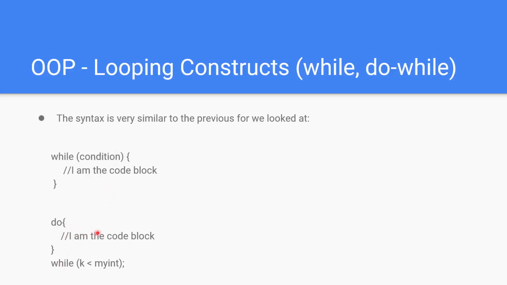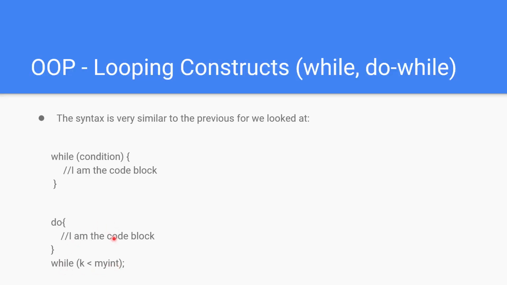There's also a do-while loop, and a do-while loop is almost like an upside-down version of the while loop. Here, the code block runs first, and then the condition is evaluated. The code block after do will continue to run as long as the condition in the while statement is true.